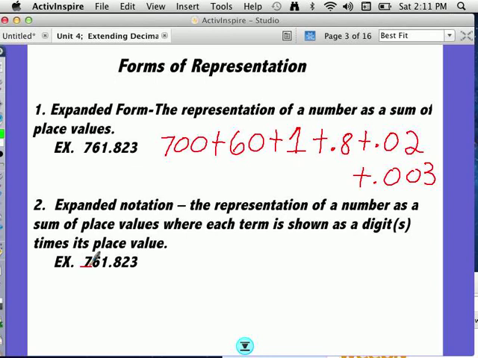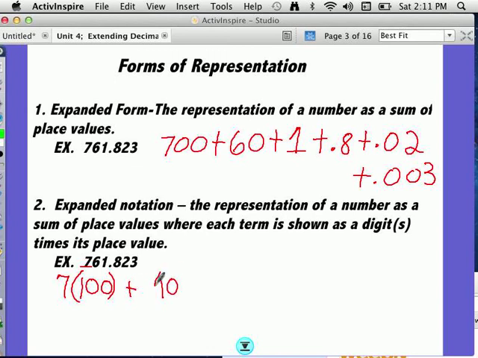For expanded notation, we first identify the value of that number. The place value of this number is the hundreds place. So I'm going to write 100, and then I take that place value and multiply it by the number that's in that place. So 7 times 100 will give me 700, plus the 6 is in the tens place.